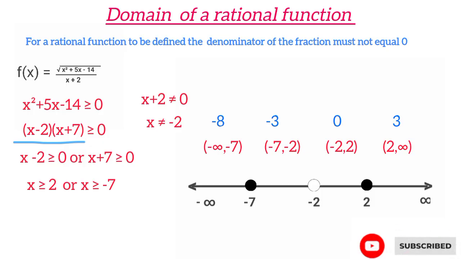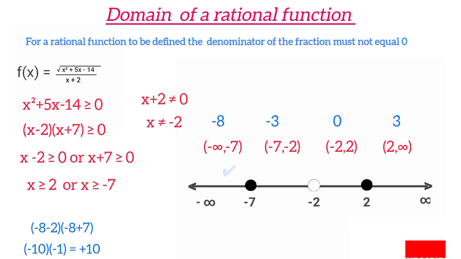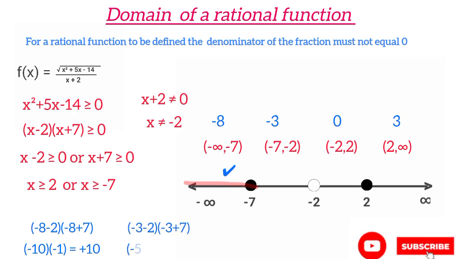Substituting minus 8 into that expression, we have minus 10 times minus 1, which gives us plus 10. Here, we have a positive number, so this interval is part of the domain. Now, substituting minus 3, we have minus 5 times plus 4, and that gives us minus 20.